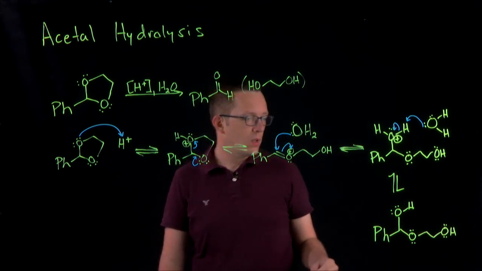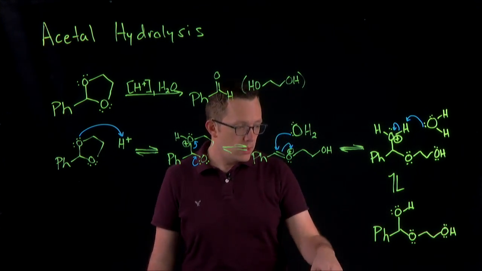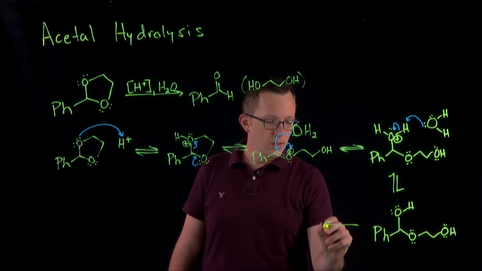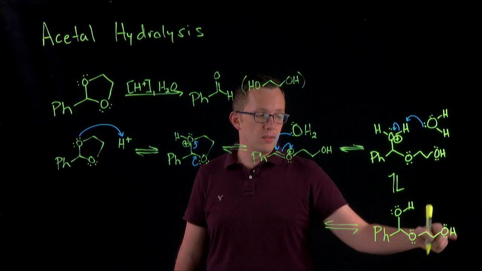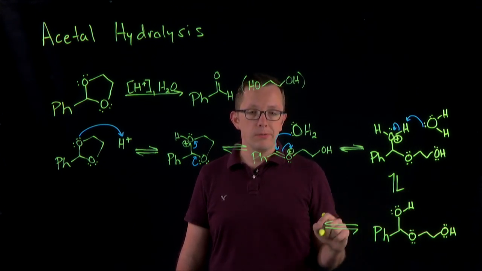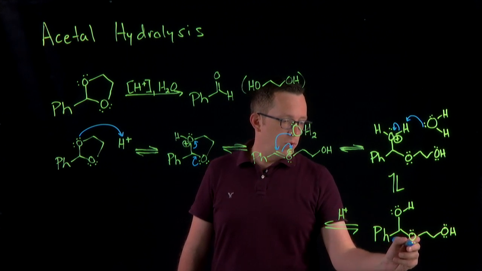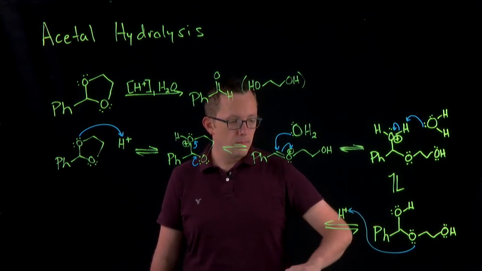So ultimately, we are trying to get rid of this diol here. So what we're going to have to do in our next mechanistic step is yet another proton transfer. This time we're going to activate this ether as a leaving group. So we're going to take our hydrogen, we're going to take one of the lone pairs and have it protonate our oxygen.